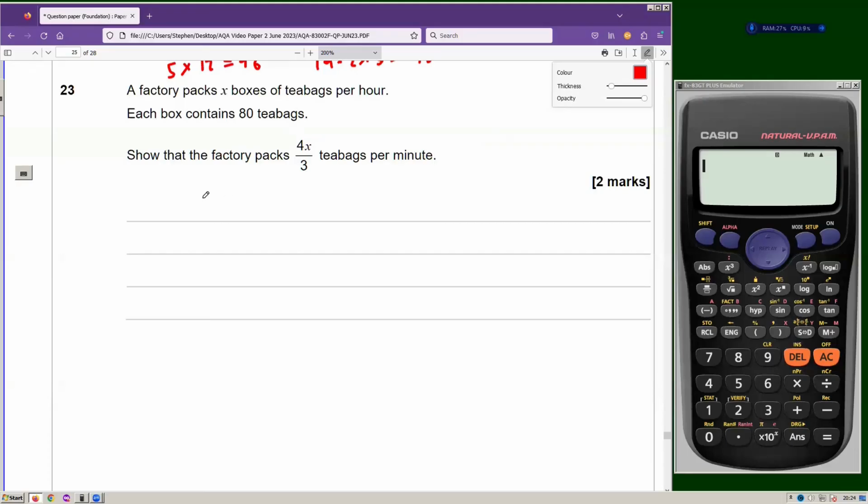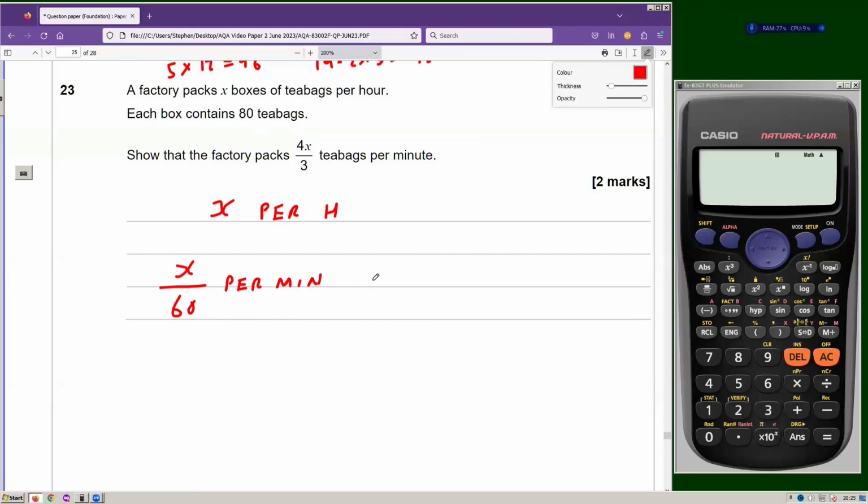So a factory packs X boxes of tea bags per hour, so it's going to be X/60 per minute. And we know that each box contains 80 tea bags.